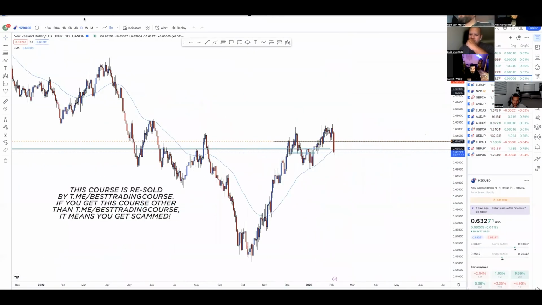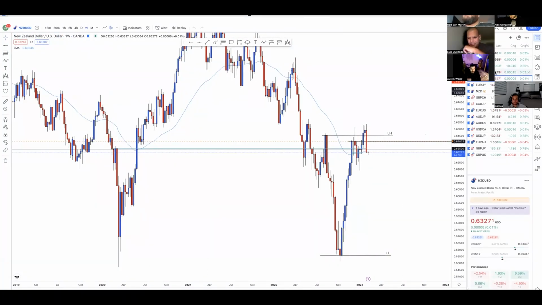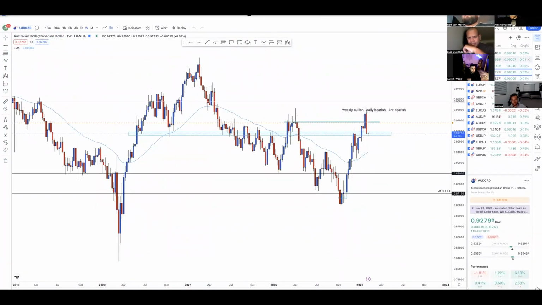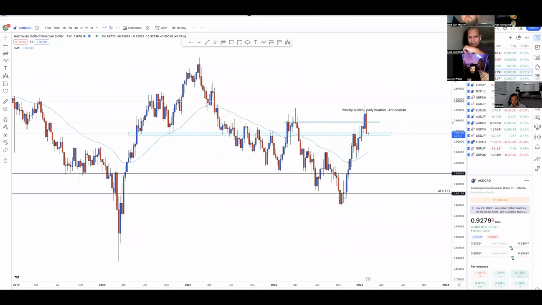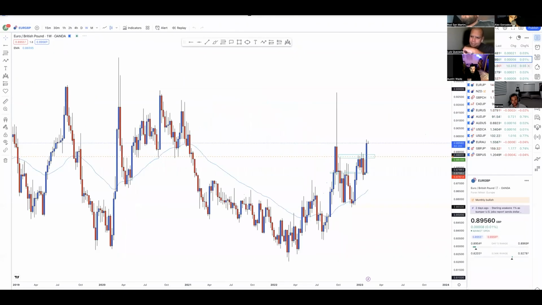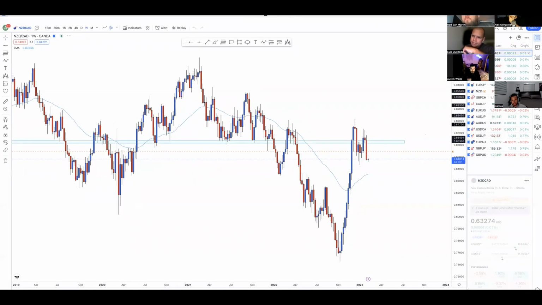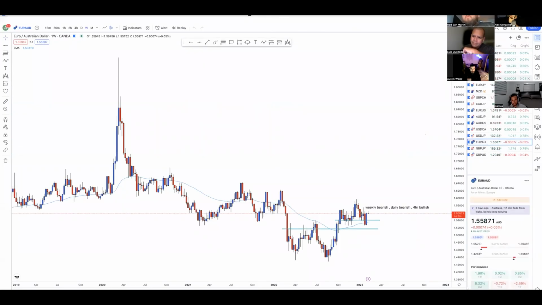USD. So we have the weekly. This looks very similar to something else we got here. Yeah, look, obviously they're literally the same thing. It's an NZD pair. I think I threw it down here. But whatever.